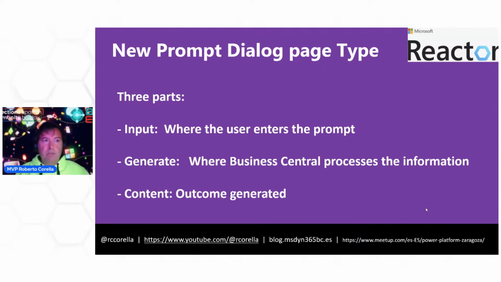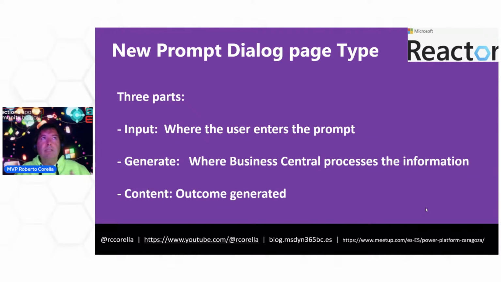What is the input? The input is when the user asks Copilot things. I want to know something about something. This is the input that we send to Copilot. Generate is the way to work with Copilot.